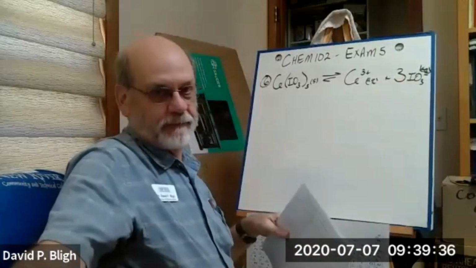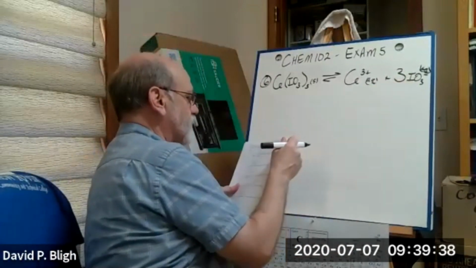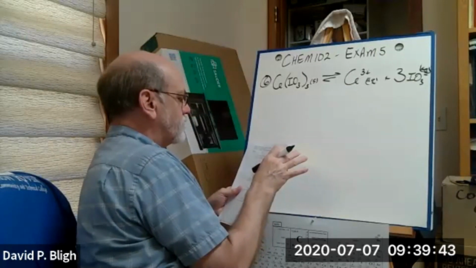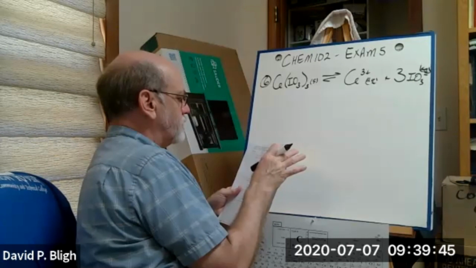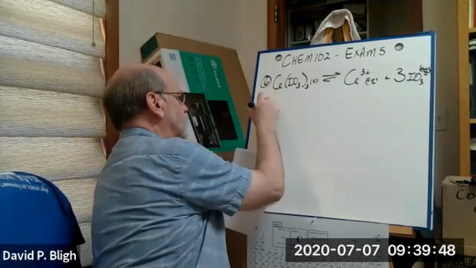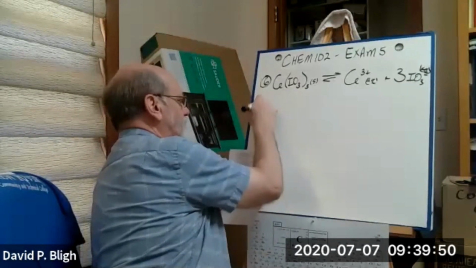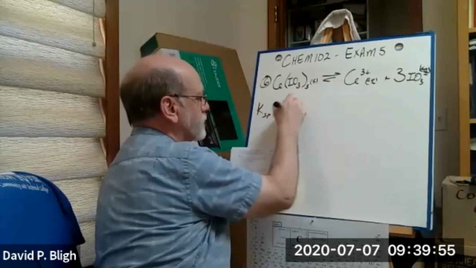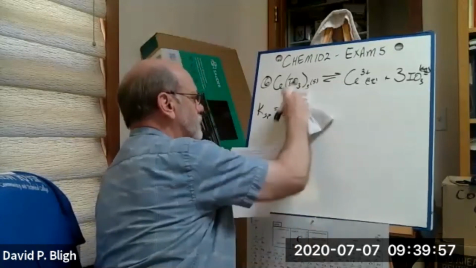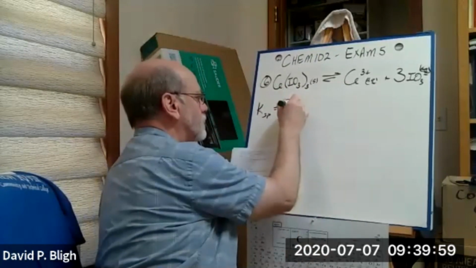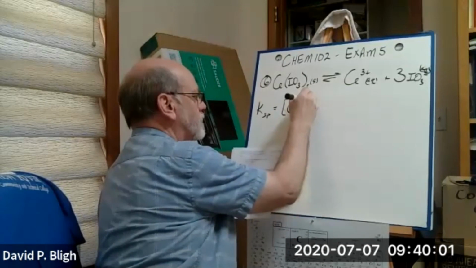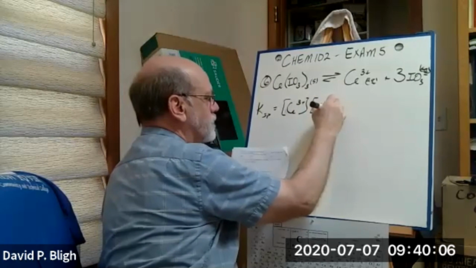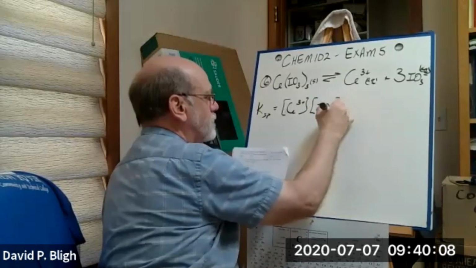All right. So if we're given the solubility, no, we are asked for the KSP. All right. So the KSP would be calculated as this, 1 times this.